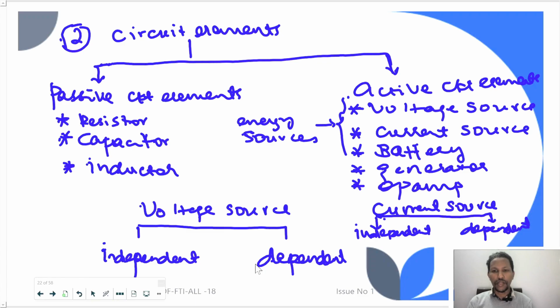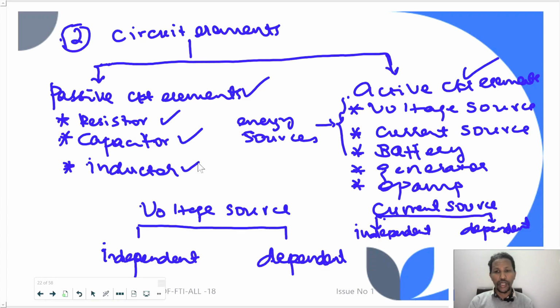When it comes to circuit elements, we have two types: the passive circuit element and the active circuit element. Under the passive circuit elements, we have the resistor, the capacitor, and the inductor. The active circuit elements are voltage source, current source, battery, generator, op-amp, and others. That means they can generate their own energy so that it can be used as a source of energy, whereas the passive circuit elements cannot generate their own energy.